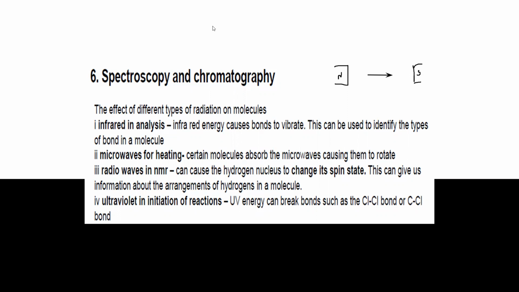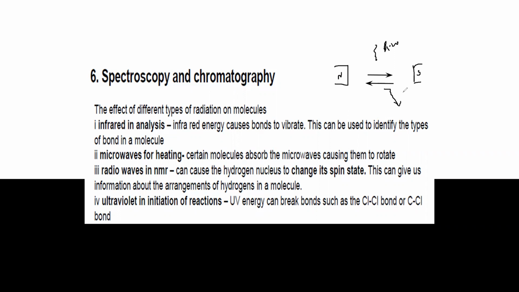But when we pass radio waves, they are absorbed by the molecule and it flips, because it absorbs energy and has higher energy. It flips opposite to the direction of the magnetic field, and after some time it releases that energy, so we can identify the hydrogen environment, or the magnetic environment, within the molecule.